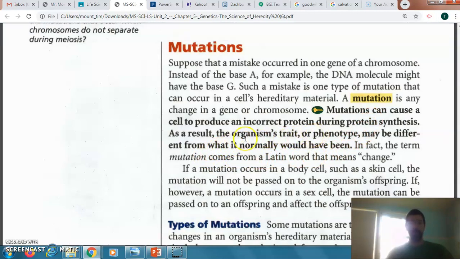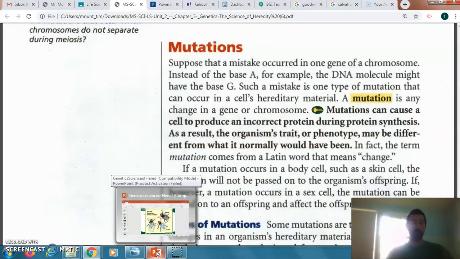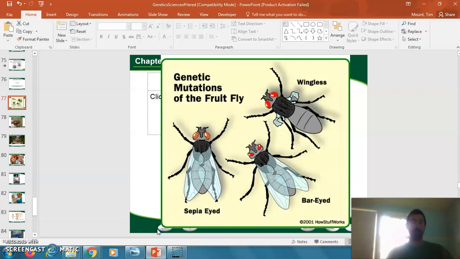I'm going to show you a few pictures. They might appear strange to you, some of them, but they all occur because of mutations. So this first one is showing genetic mutations of a fruit fly. So it has a particular body style, particular eye shape.